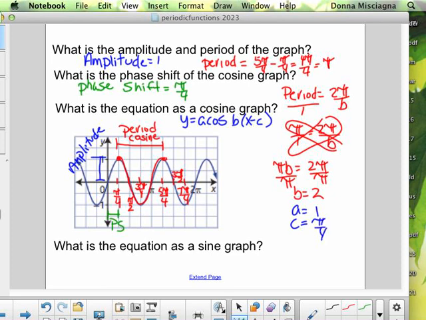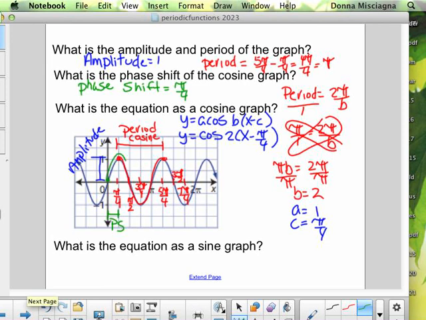So we'll just plug in the values. Y equals, we don't need the 1, y equals cosine 2 times x minus pi fourths. And there's the equation.